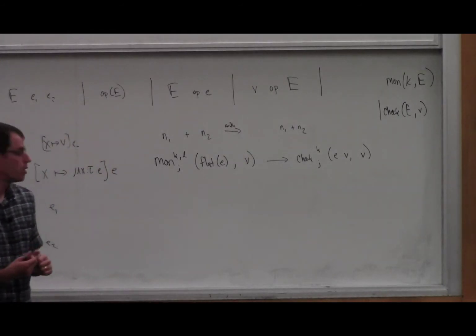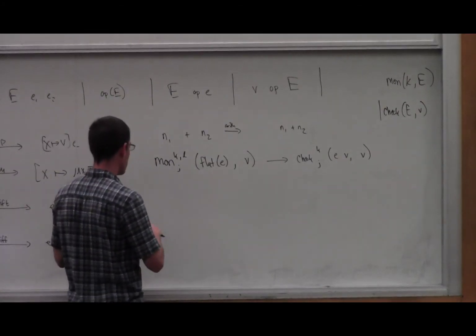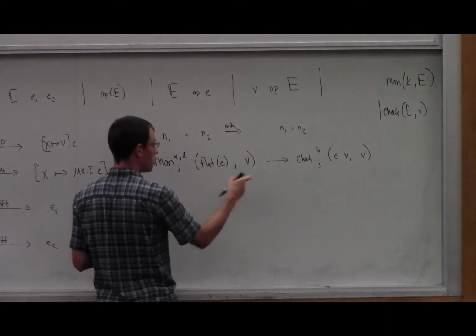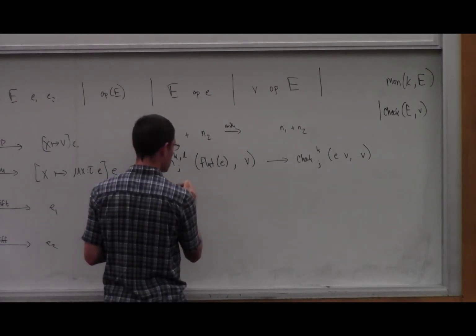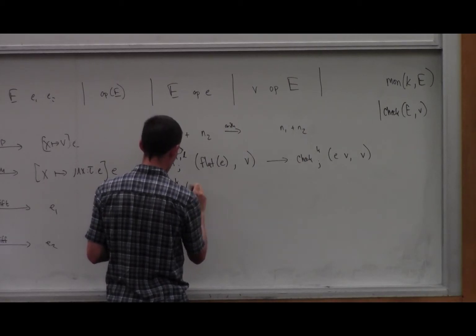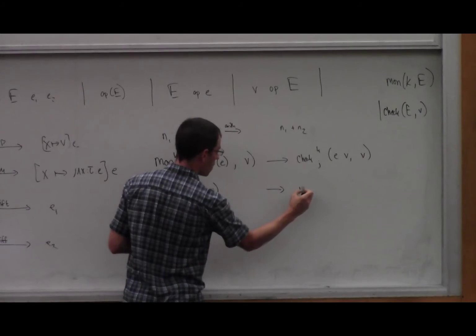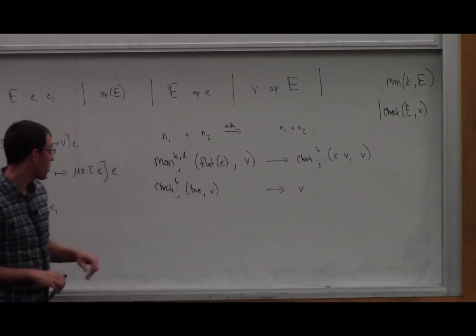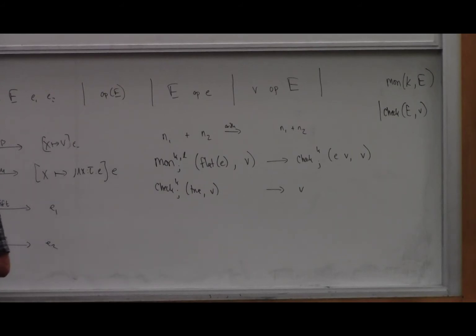So now, let me add the reduction rules for check, just so we see how that works. If we evaluate our check to true, then we're just done. We get that value back.